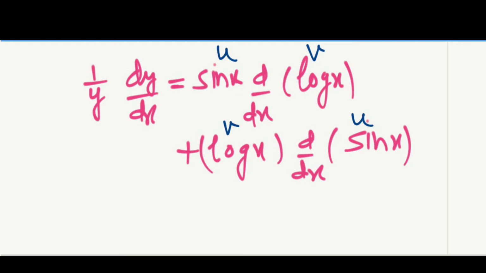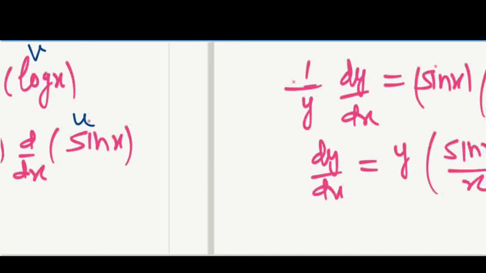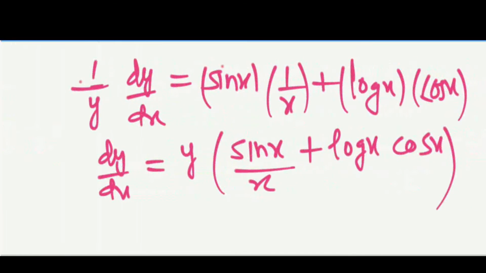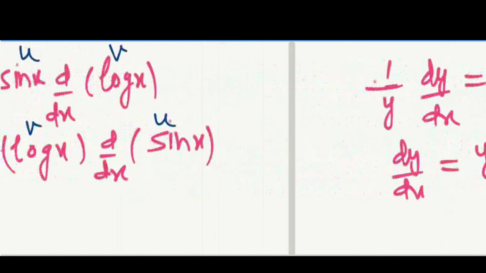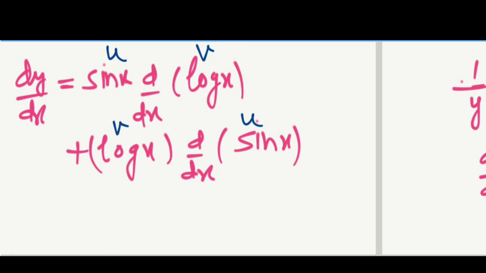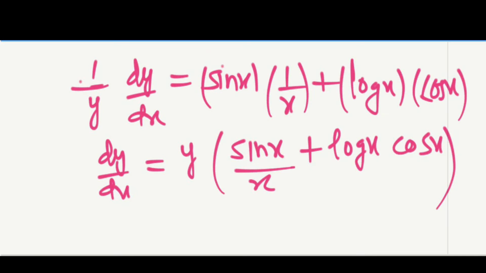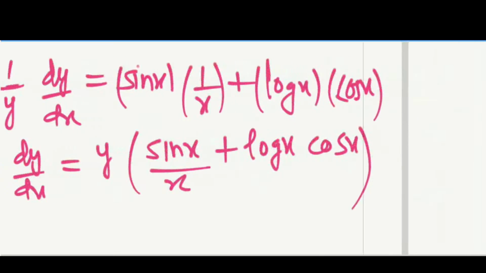Now substitute the values, we get 1 upon y dy upon dx equals sin x into derivative of log x, which is 1 upon x, plus log x into derivative of sin x, which is cos x. Again we need to find only dy by dx, so you take y to the right side, that becomes y into (sin x upon x plus log x cos x).